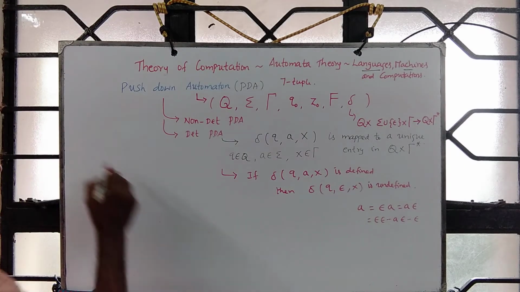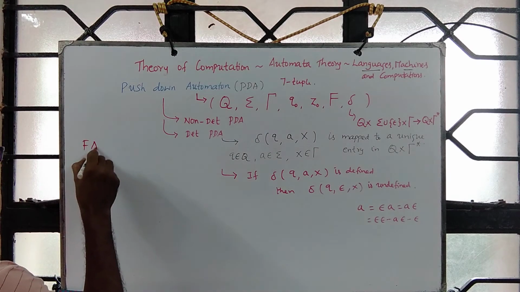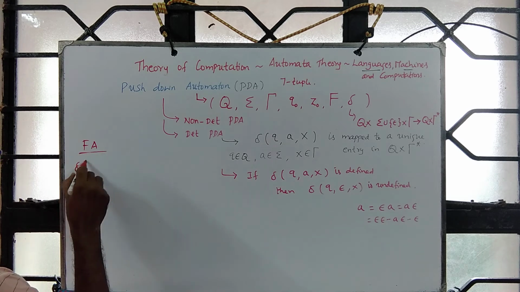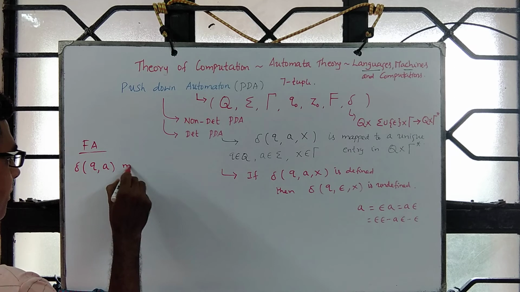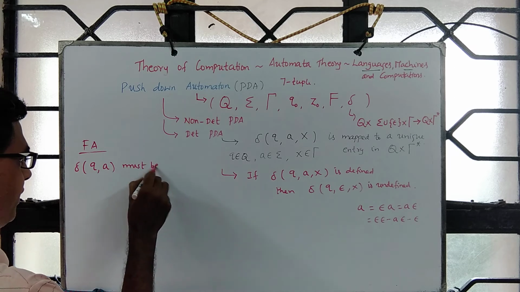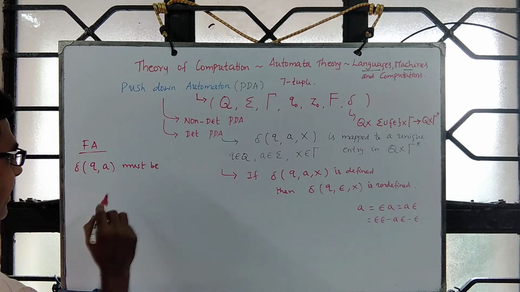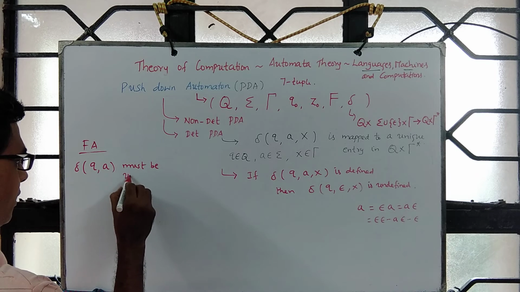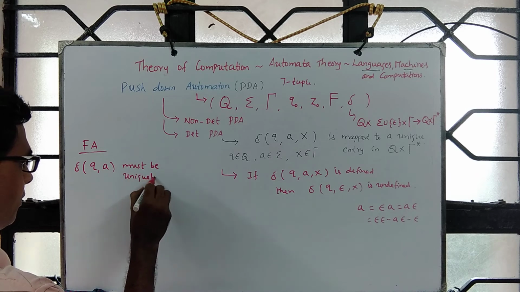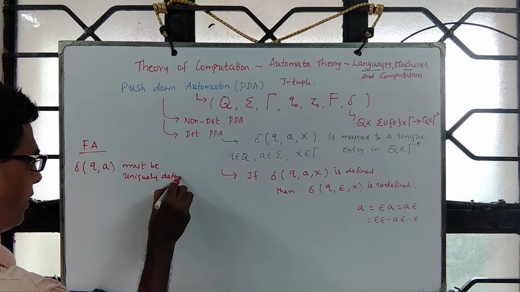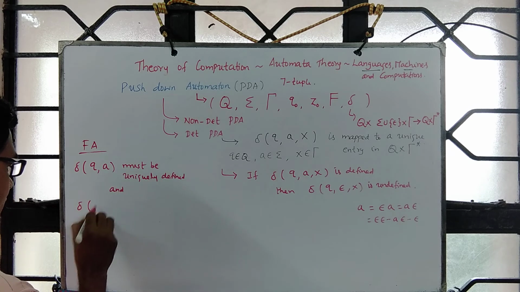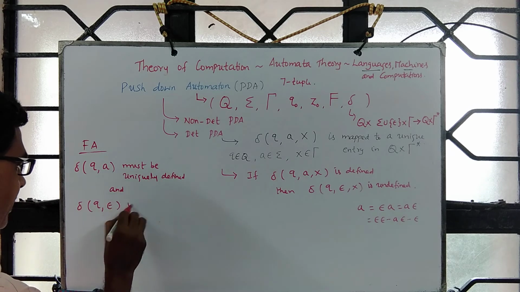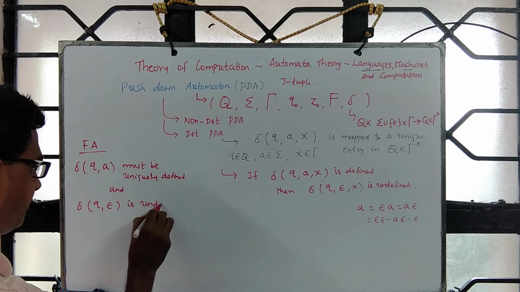For a finite automaton, we say delta of q comma a must be uniquely defined, which means it should go to exactly one state. And we say that delta of q comma epsilon is undefined. Correct?